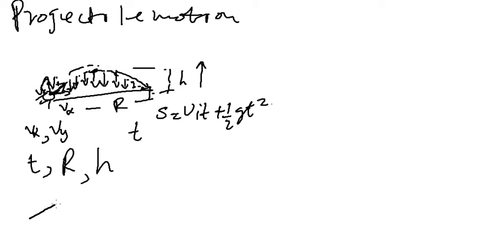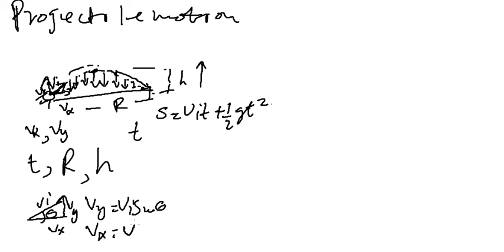Let me zoom in. This will be theta, this is vi, this is vx, and this will be our vy. Using trigonometric ratios, I can write my vertical component vy as vi sine theta, and similarly vx is equal to vi cos theta.